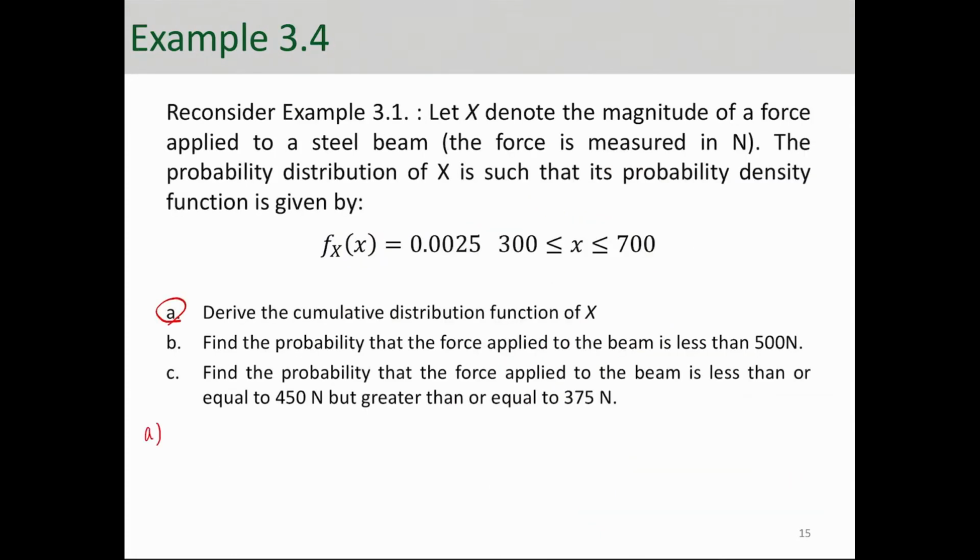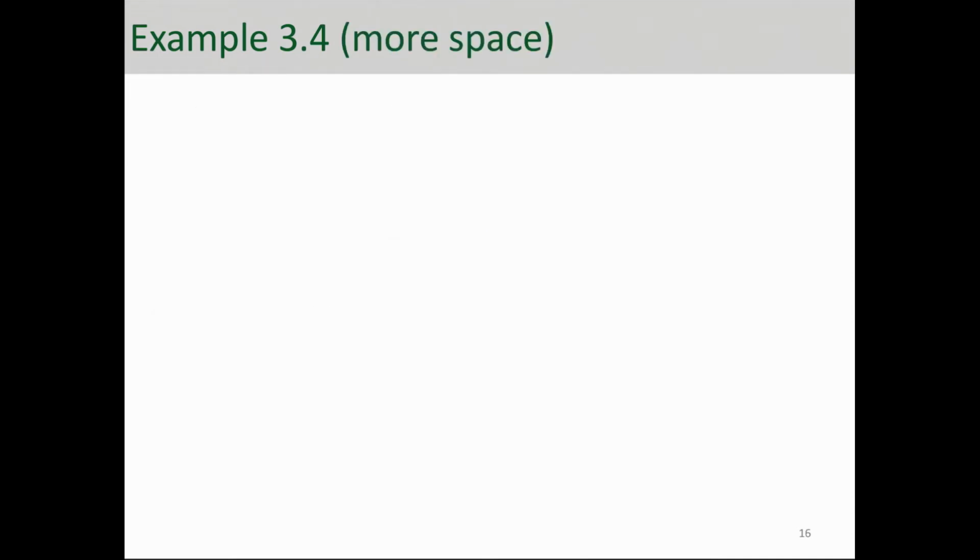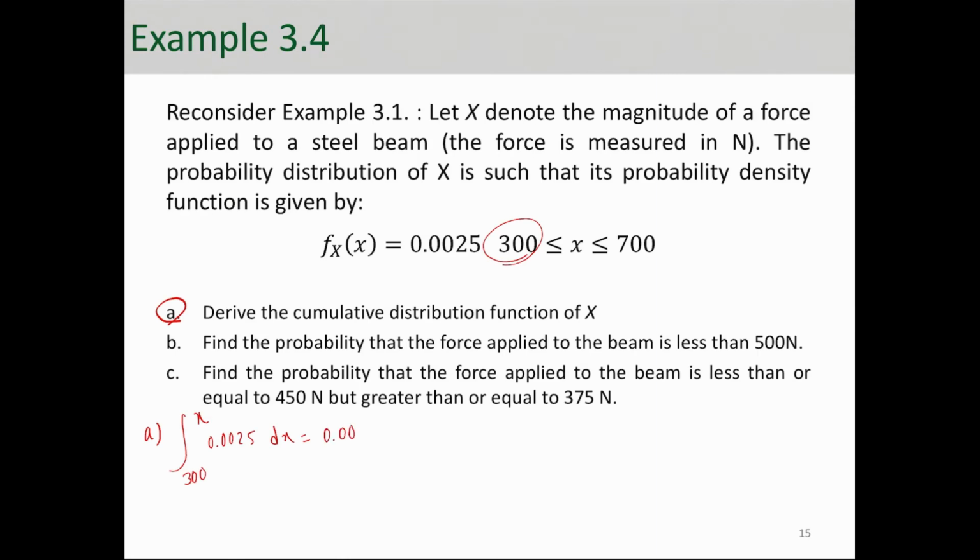For part A, we're integrating from the beginning, which is 300, to x of 0.0025 dx. That is equal to 0.0025x evaluated from 300 to x, so we replace x with x and then with 300, and subtract: 0.0025x minus 0.0025 times 300.